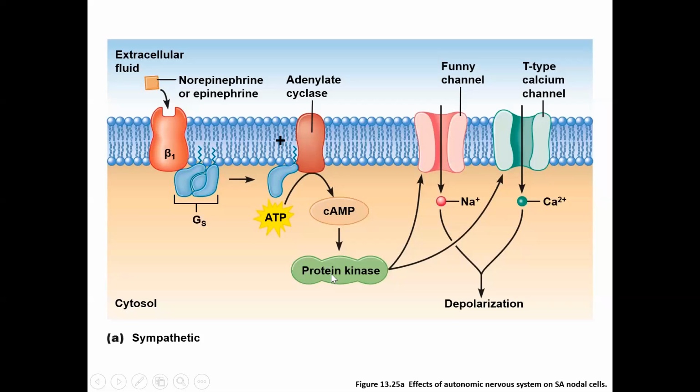So if we are creating cellular events that increase the opening of these channels, it's going to be really easy to fire action potentials or spontaneously depolarize, and that is going to make the heart rate a little faster, okay? So this is, again, how we go from sympathetic activity to increase in the heart rate.